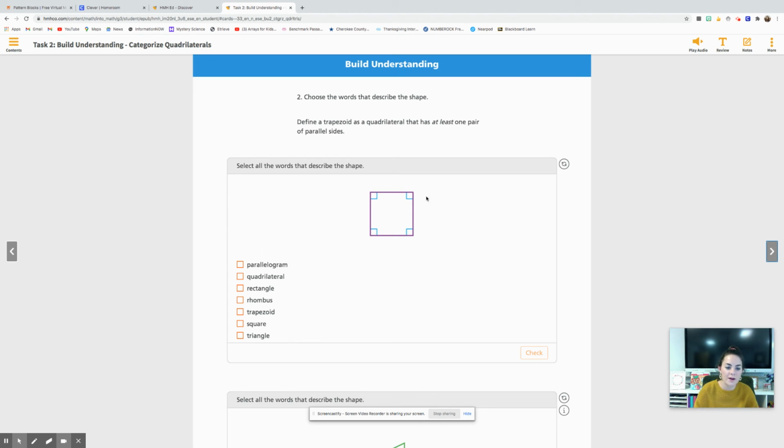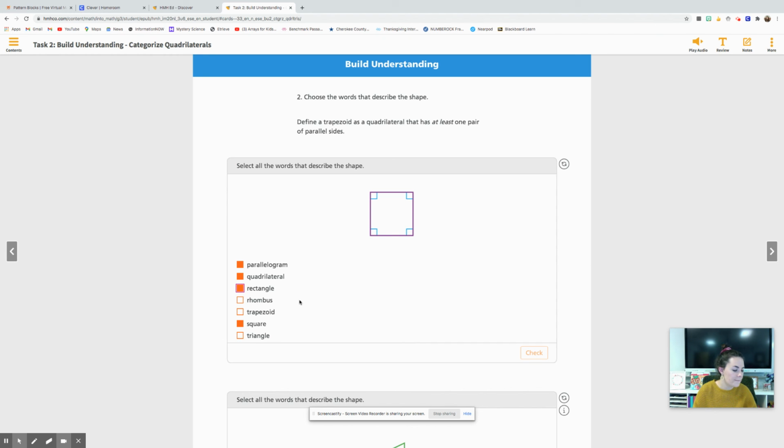Okay, this square right here, we know it's a square because that's its most common name, right? Now, to be a parallelogram, it needs 2 sets of parallel sides. It has that, so it's a parallelogram. Quadrilaterals have 4 sides, and that has 4 sides. Rectangles have 2 sets of sides that are equal in length and parallel, so it's a rectangle.